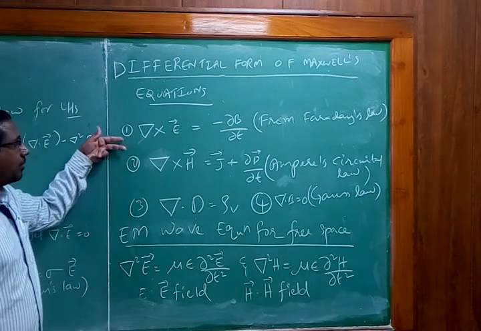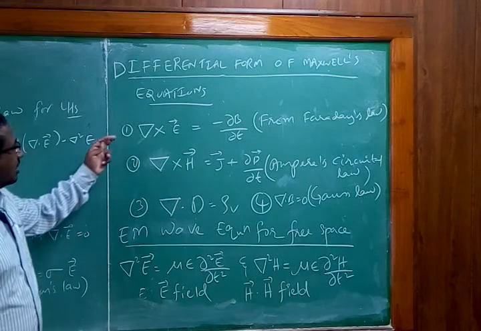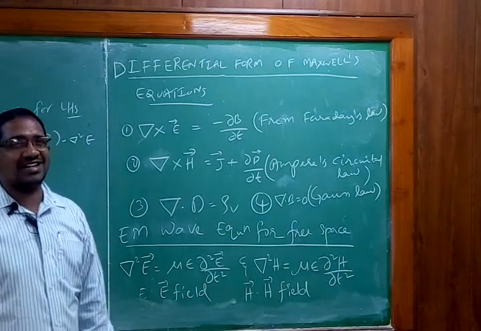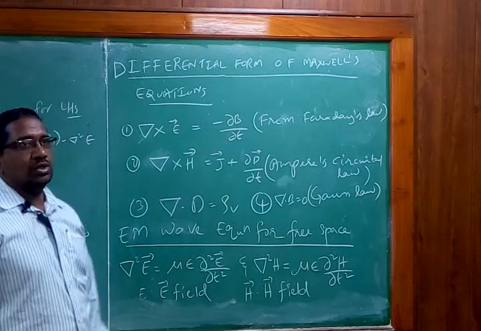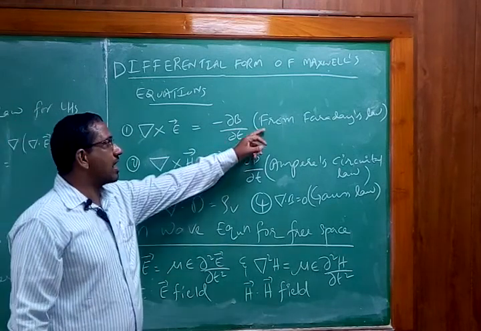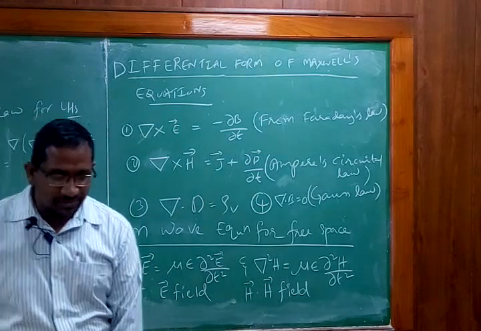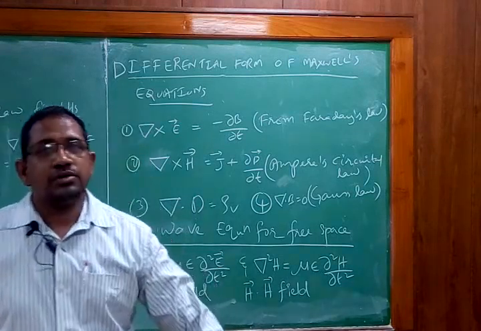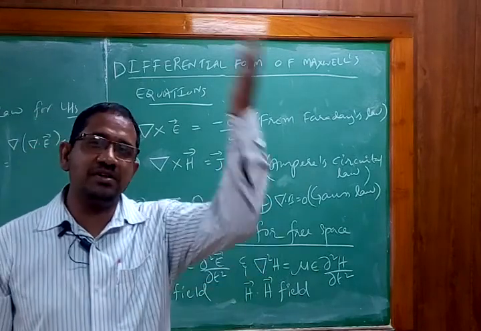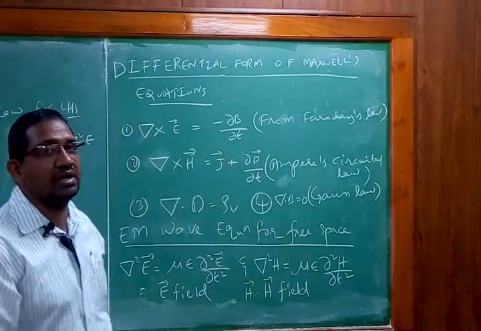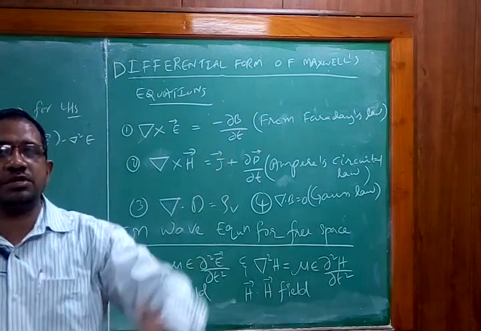Now there are two popular equations, del cross E and del cross H. Del cross E is equal to minus dou B by dou T. We have written this using Faraday's law. What did Maxwell do? Maxwell put together all the equations suggested by previous scientists like Faraday, Ampere, Lenz, and put it in a systematic manner.